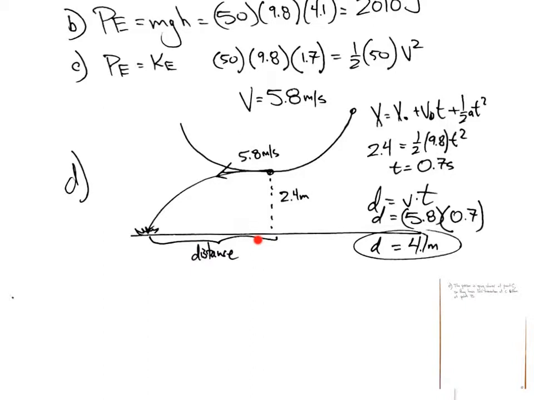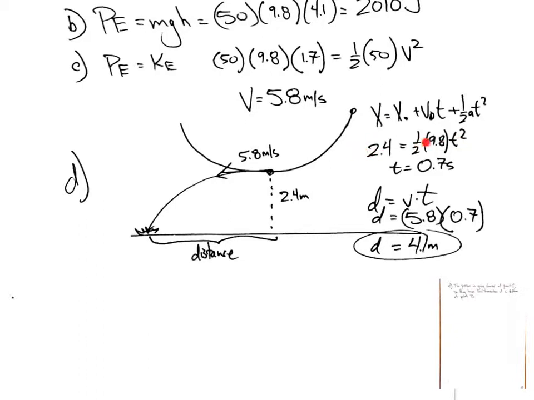What's the horizontal distance? So we're going to first find the time it takes to fall a distance of 2.4 meters. Notice how 5.8 does not factor in. The super common mistake is people put 5.8 meters per second right there for initial velocity. No way. This is horizontal. This is vertical motion. So that's 0. That is 0. 2.4 is this.